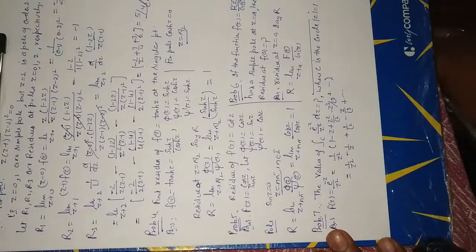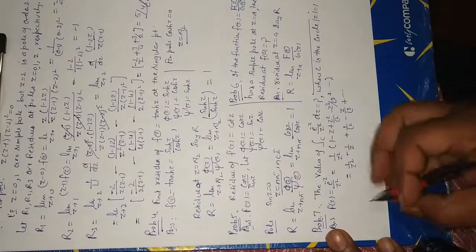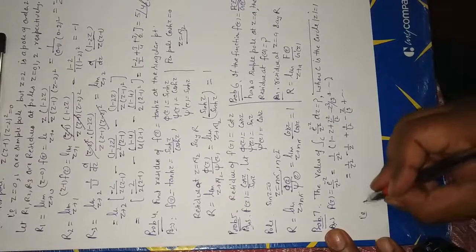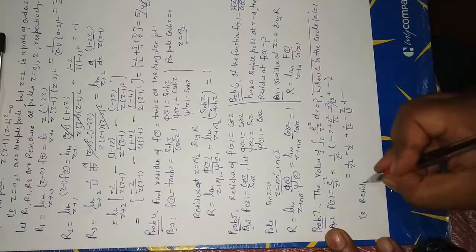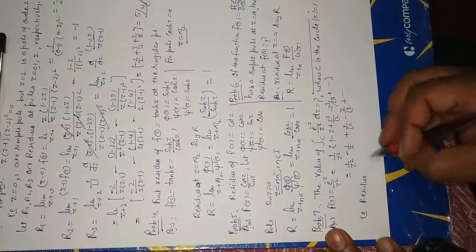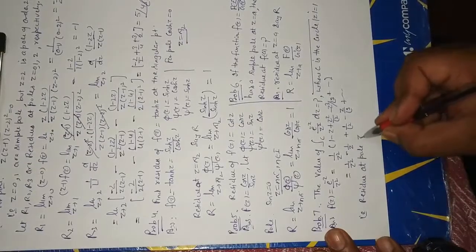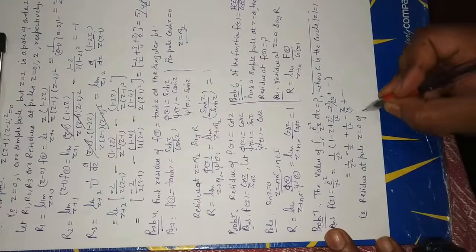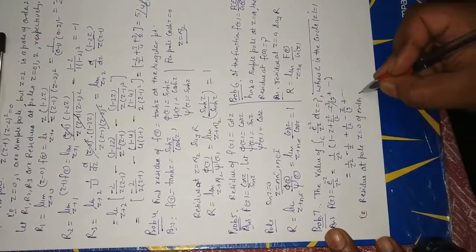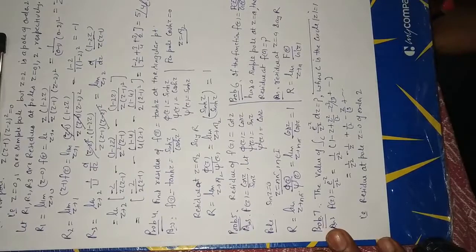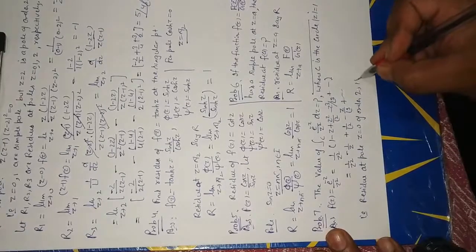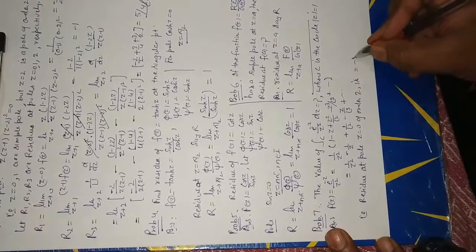Okay. That is, the residue at the pole z is equal to 0 of order 2 is minus 1.